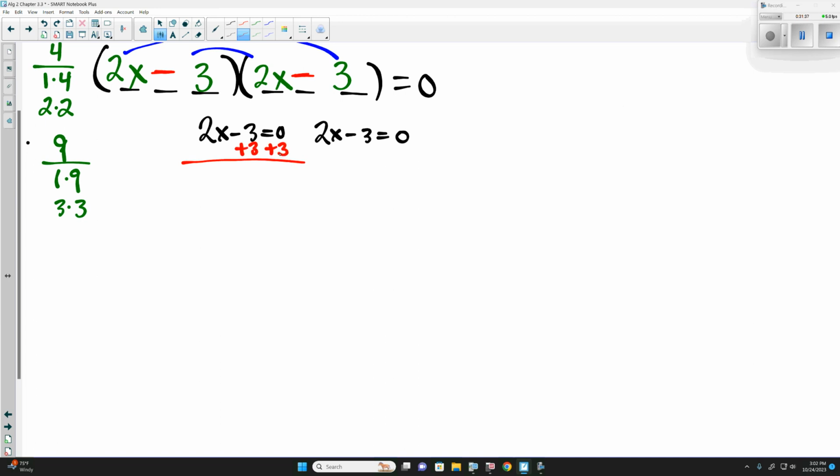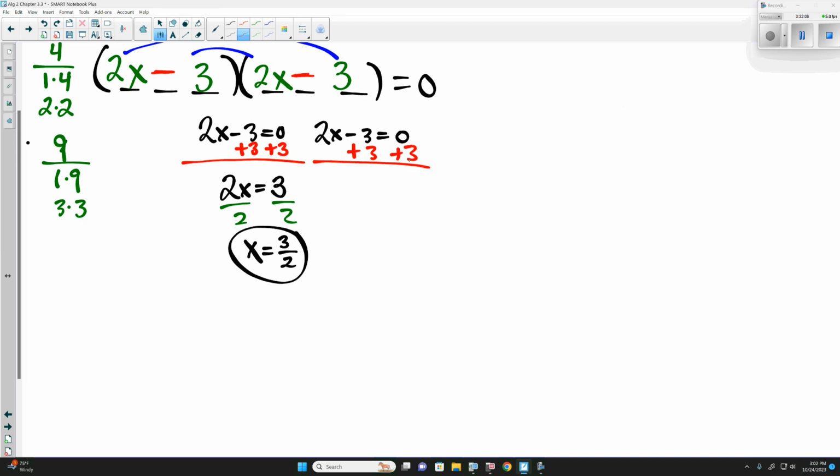We can add 3 to both sides, telling us that 2x is equal to 3. Divide by 2. x is equal to 3 halves, which as a decimal is 1.5. So it's intersecting between 1 and 2 on the x-axis, yes? Now we can solve the other one.